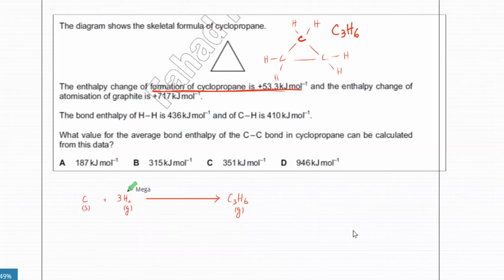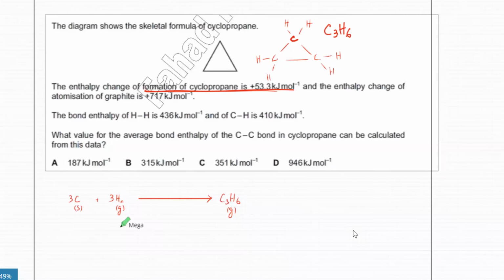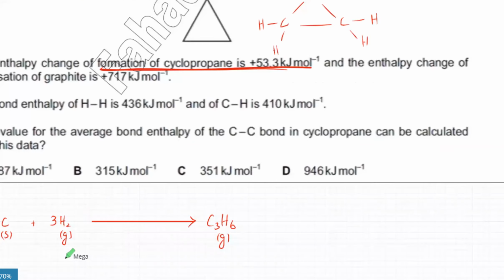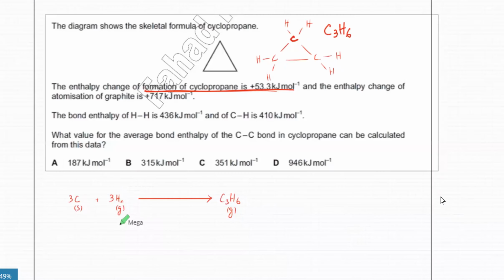And there are going to be three of them, and there are going to be three carbons as well. So that is the first part, the enthalpy of formation of cyclopropane.